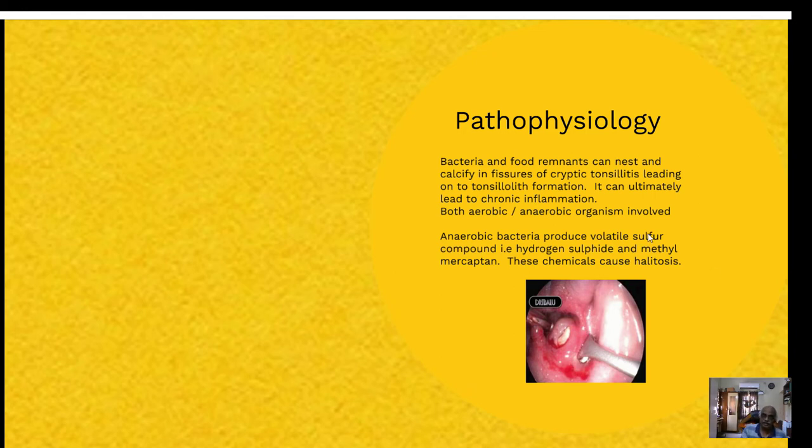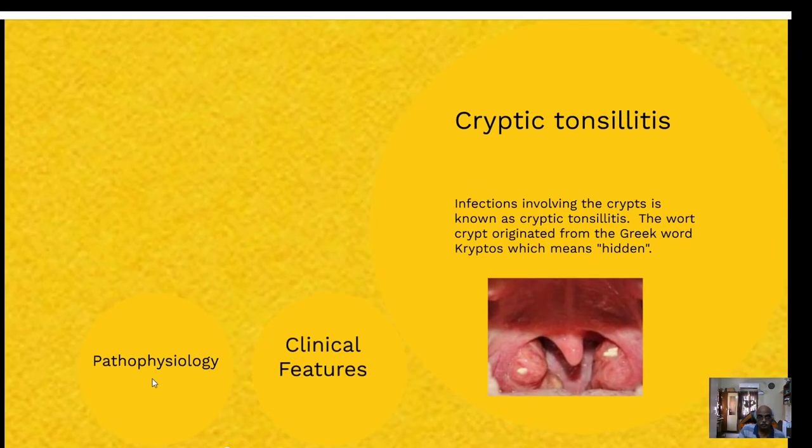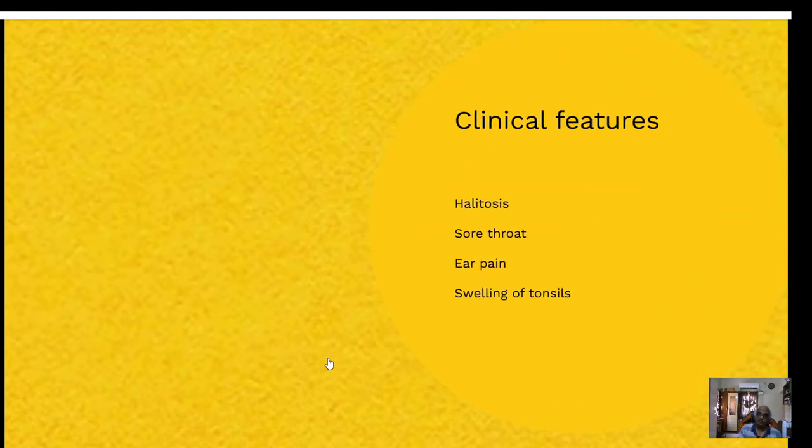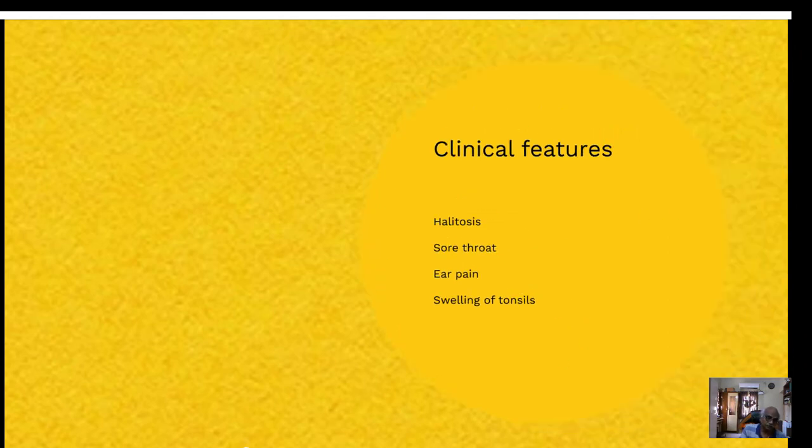So halitosis in acute cryptic tonsillitis is caused by the release of hydrogen sulfide and methyl mercaptan by the anaerobic bacteria. Let us see the clinical features of acute cryptic tonsillitis. These children have halitosis, due to the chemicals released by anaerobic organisms, sore throat, ear pain, swelling of the tonsil, and sometimes presence of tonsillar lith.